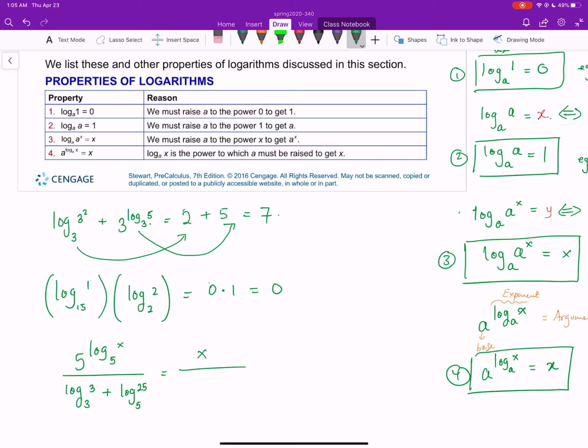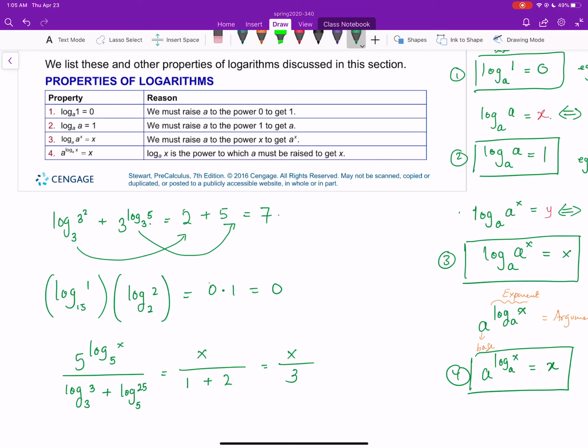And then log 3 of 3, that looks like property number 2, so that gives me 1. Plus, well, log base 5 of 25 is not part of the property, but we understand what a log does. So we are asking ourselves, to what power should we raise 5 to give me 25? That is 2. So this outcome is just x over 3. I hope just messing around with the properties and what we know about a log, we can do so many interesting things.